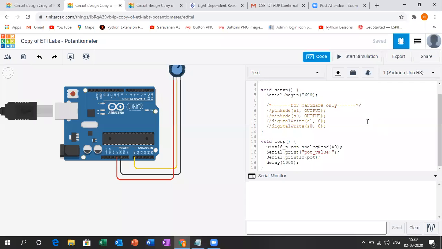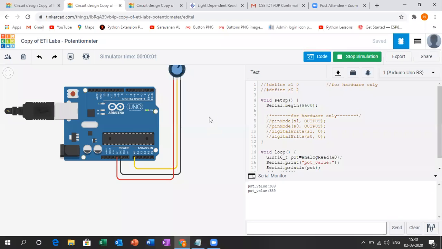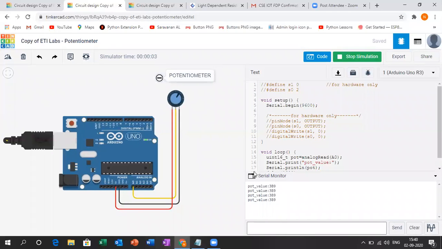So I start the simulation. So the simulation is started. As you can see, the pot value is showing here 389.